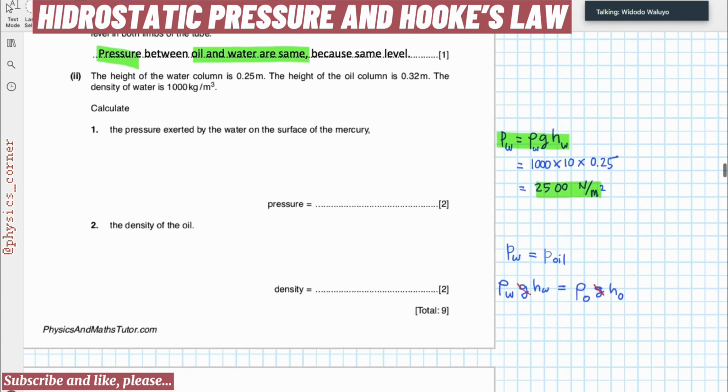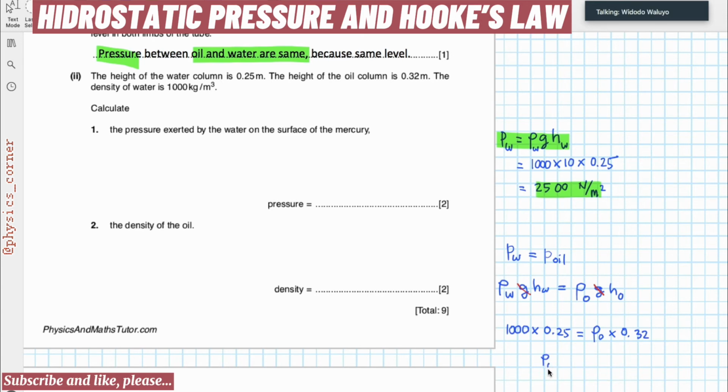Ini rho water adalah 1000 times h of water is 0.25, and then equals rho oil times h oil, which is 0.32.